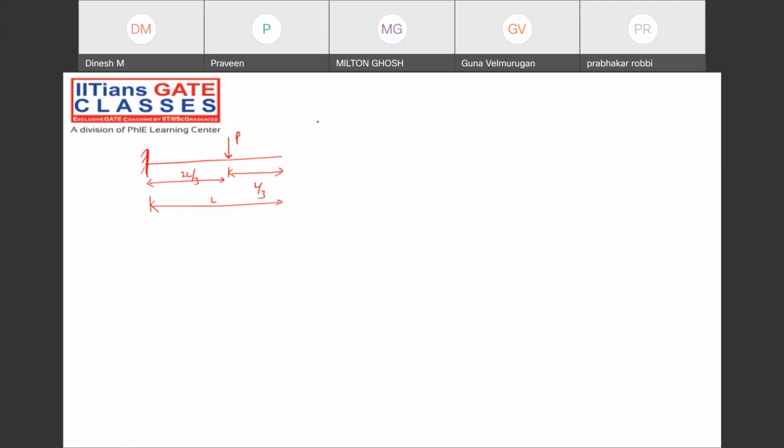Note down method number 3, Castigliano's method. It's one of the most important methods. This method is also called the strain energy method.